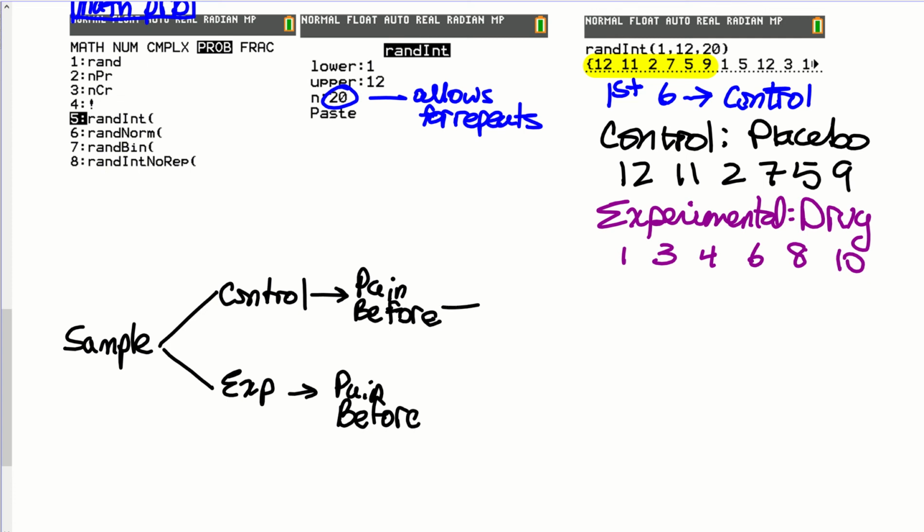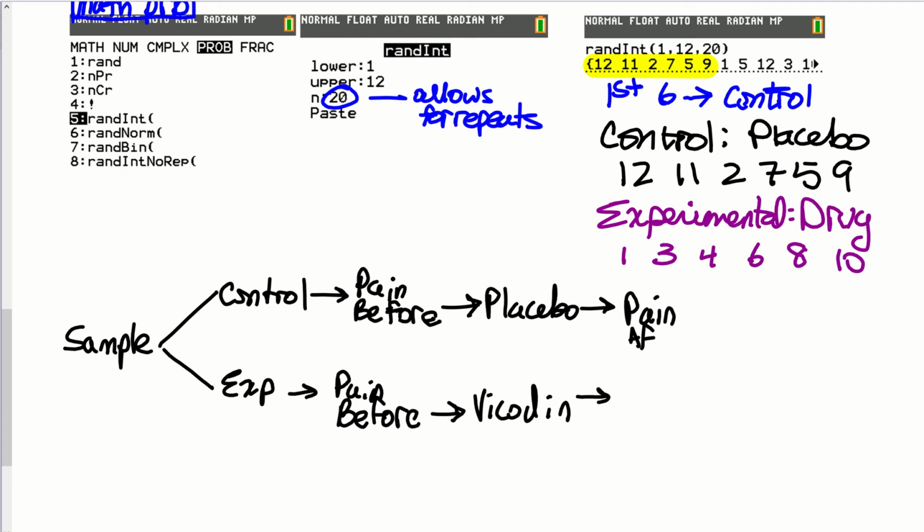So the question would be pain before what? Pain before the placebo. Pain before the Vicodin, or the drug if you want to keep it general. Then I need the pain after. And then I want to compare the two.